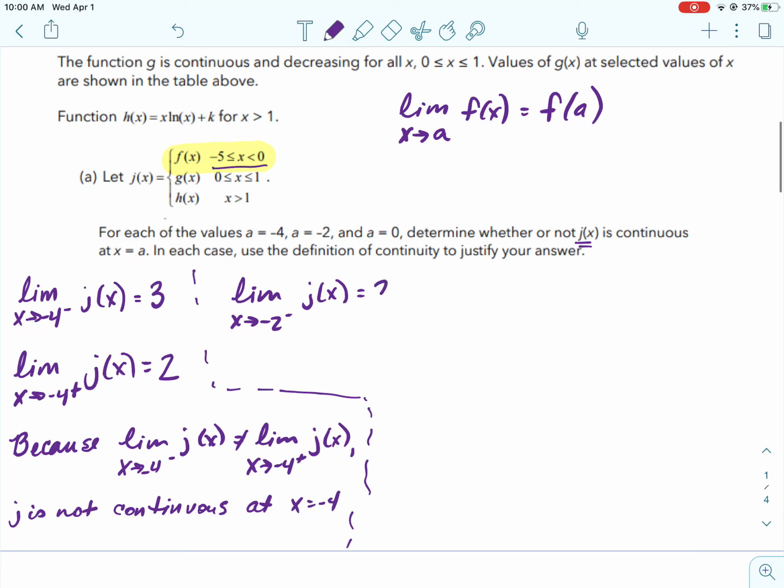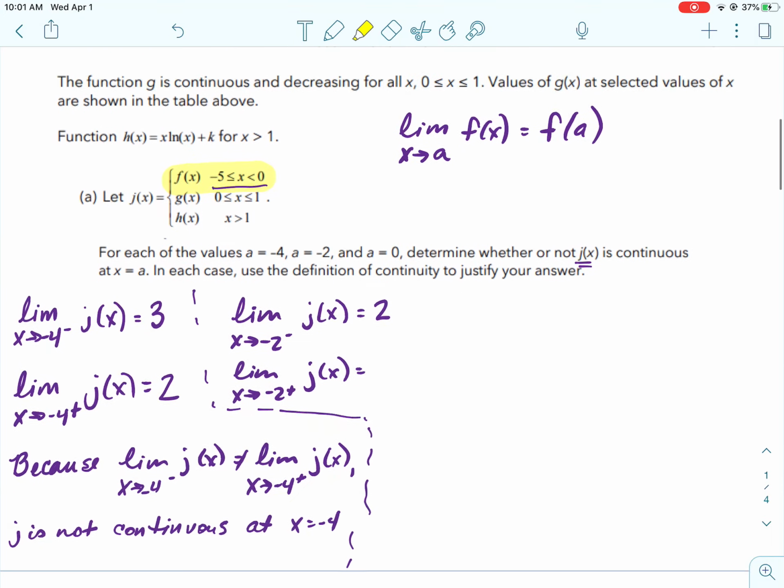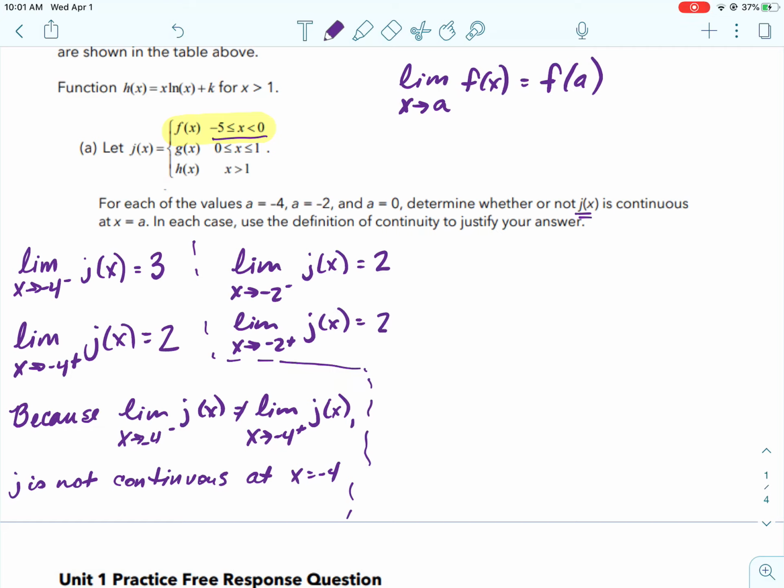As we get closer and closer, the graph is getting closer and closer to this point, which is at 2. Then we'll find the limit as x approaches -2 from the right. We're still going back to the graph, getting closer and closer to when x is -2, and the graph is approaching the same value, which is 2. So that means the limit as x approaches -2 does exist, and it is 2.